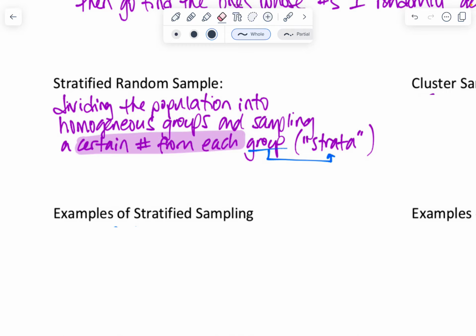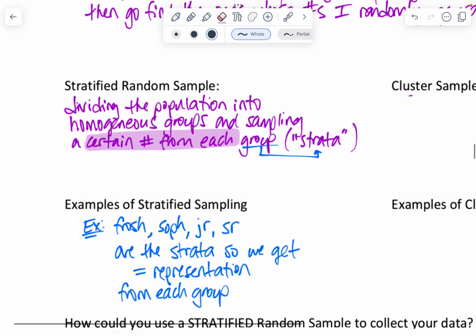Let's say I divide Fremd High School into freshmen, sophomores, juniors, and seniors by class. Don't you think what the freshmen are watching on Netflix is probably different from what the seniors are watching on Netflix? So wouldn't it be a good idea to try to get equal representation of each class in my sample? If I do an SRS, I might have like 5 freshmen represented and like 25 seniors represented.